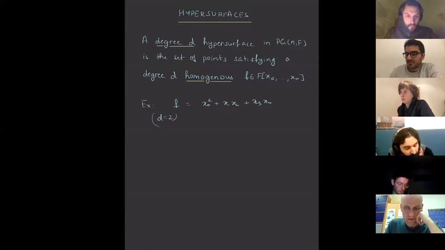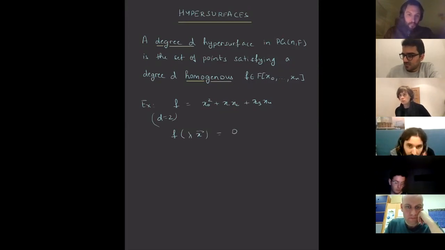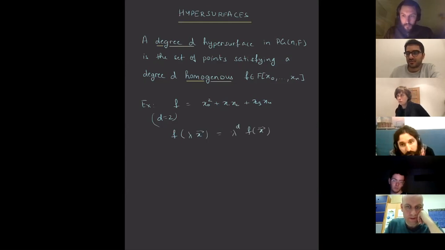And the reason why we do this is as follows. For any homogeneous polynomial, you can see that f of lambda times x, say the vector, is equal to lambda to the d times f of x. If you have a homogeneous polynomial, you can take lambda to the d out from each monomial, which means that if f(x) is 0, then f(lambda x) is 0.